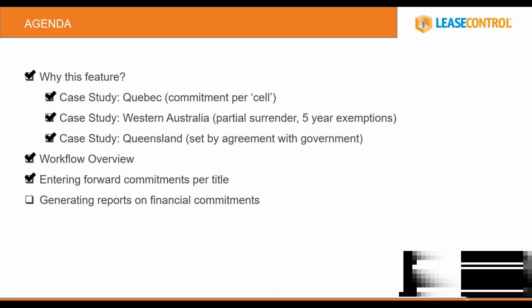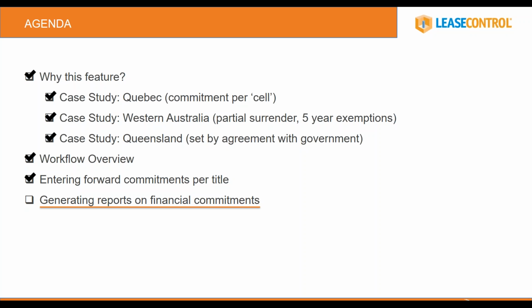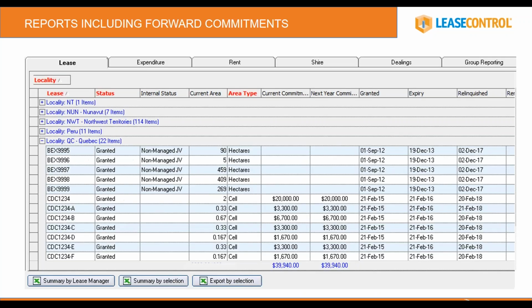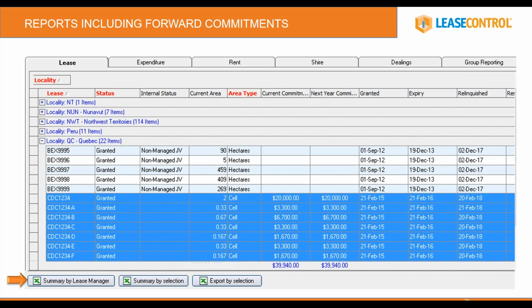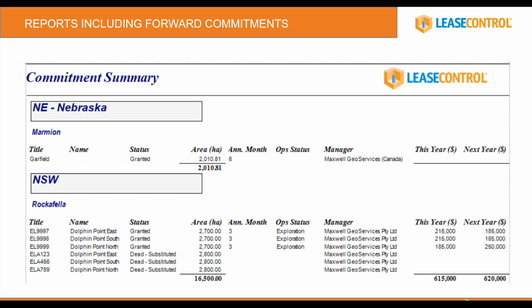Now you have the data contained within LeaseControl, you can include it in all your usual LeaseControl reports. The relevant browser screen is updated, facilitating quick summary reports of vital data through click and drag functions. Additionally, both the inbuilt Query Builder and Report Designer capture the new commitment data, making generation of specific reports quick and easy.